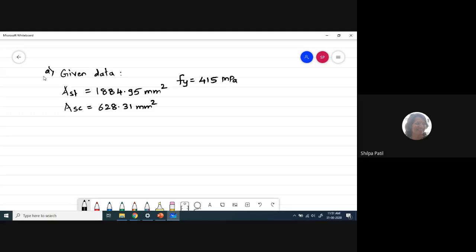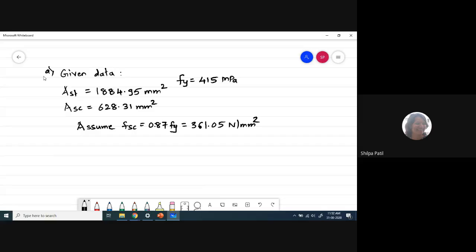So as per the first step, again we have to assume that FSC equals 0.87 FY. Now put the value of FY here and tell me what value of FSC you're getting. It is 0.87 into 415, that is 361.05.